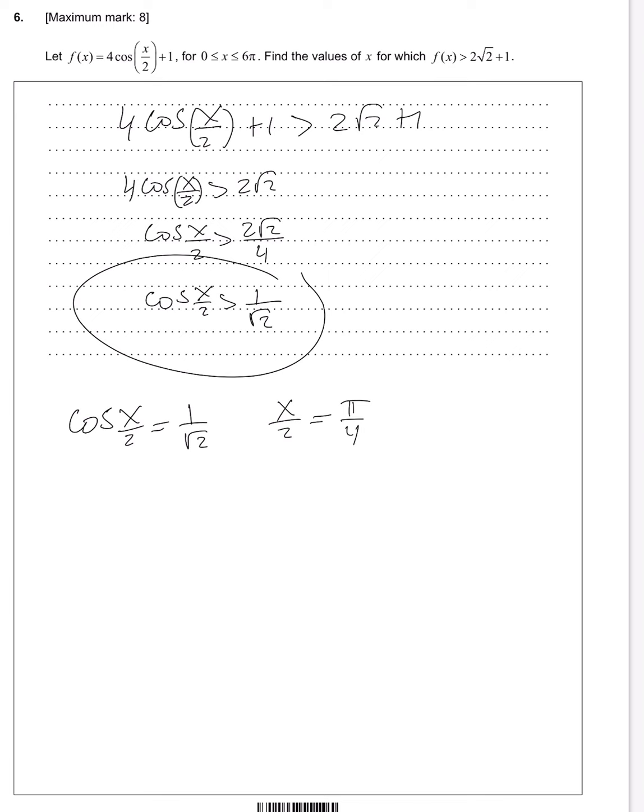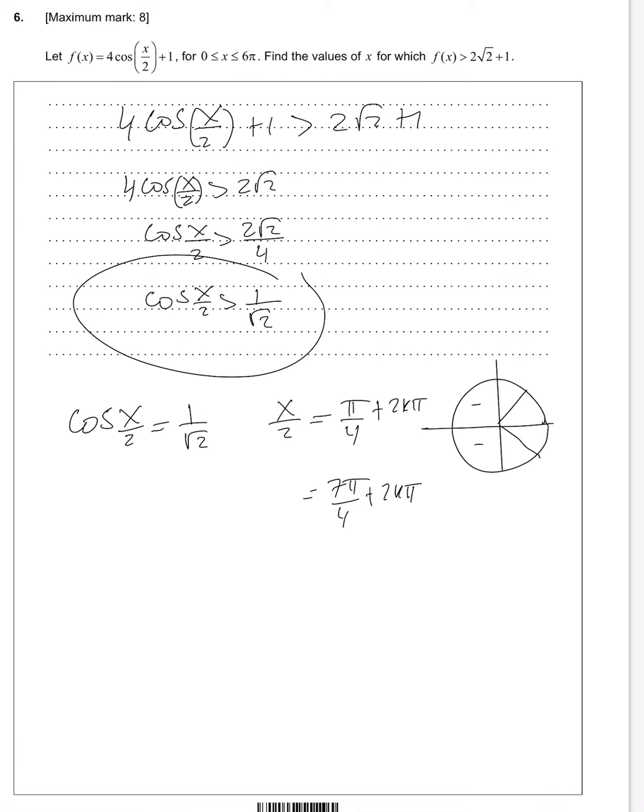And here's our unit circle. Pi over 4. Here cosine is negative, here cosine is negative, and 7 pi over 4. So pi over 4 plus 2k pi, and 7 pi over 4 plus 2k pi.